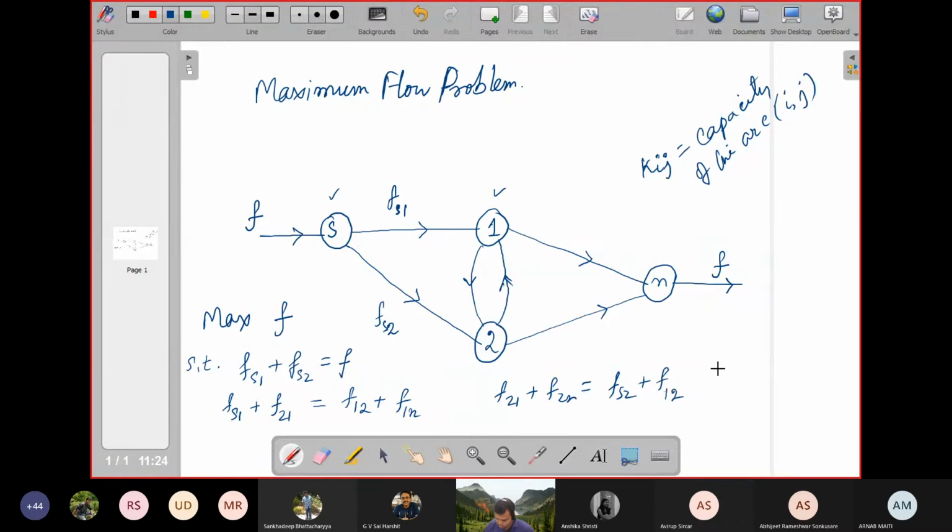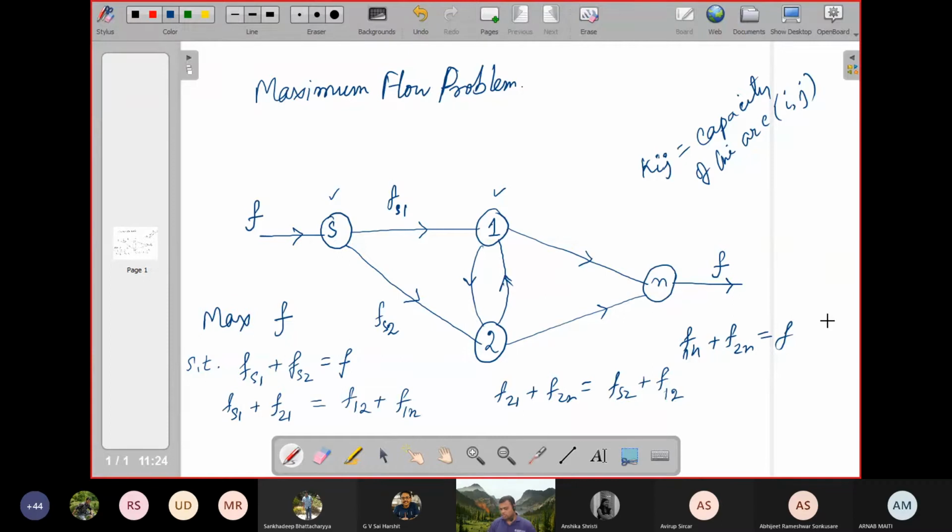F12, yes. And what about this last node n? F1n plus F2n equal to F.